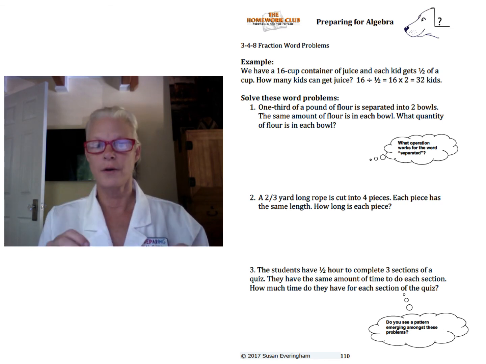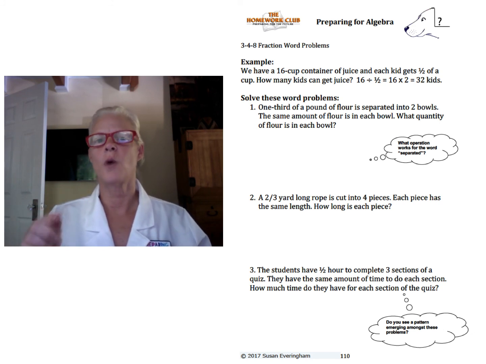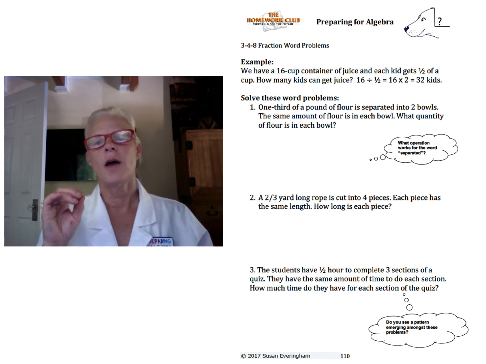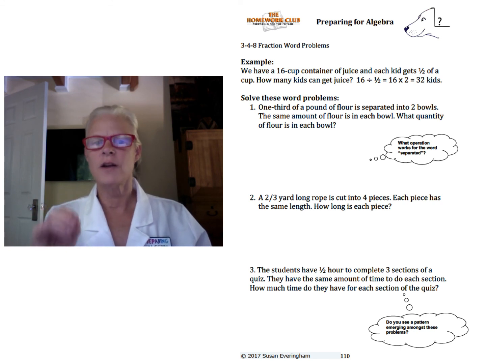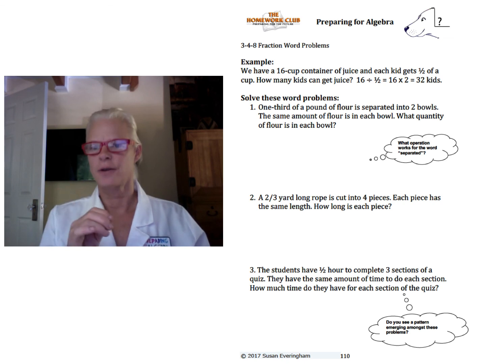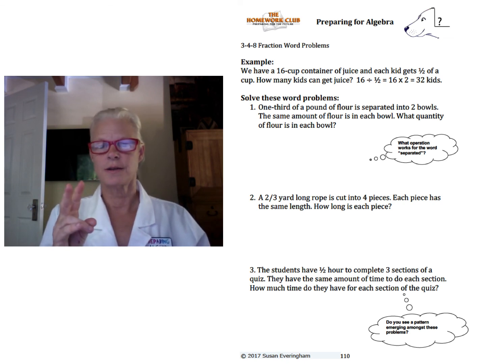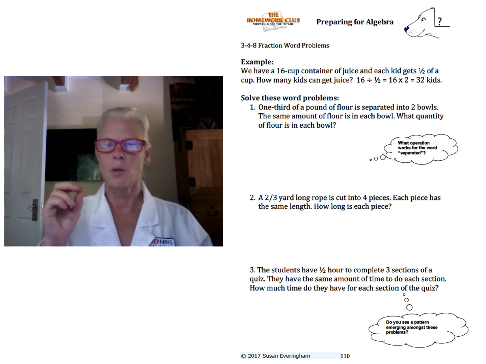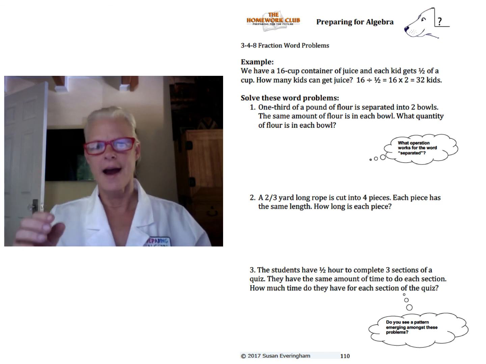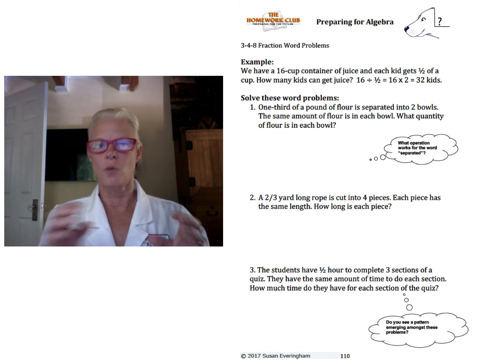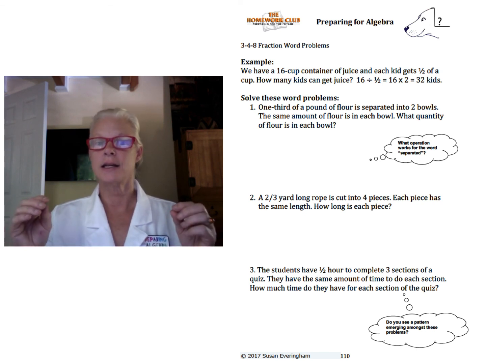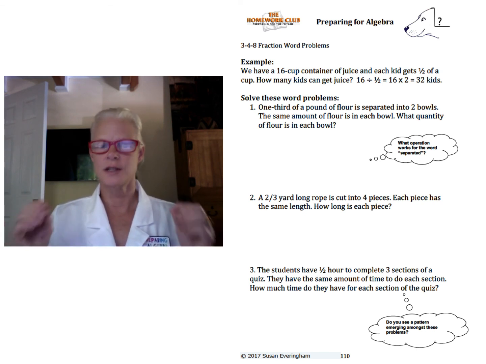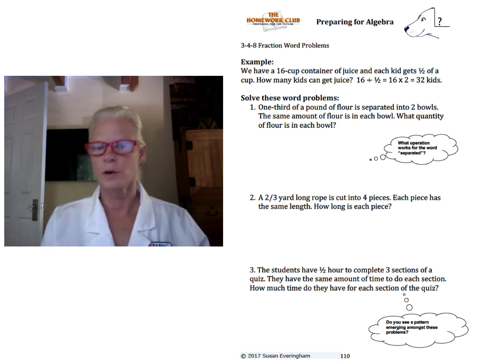We got 1/3 times 1/2, giving you 1/6. So the quantity of flour in each bowl is basically a half of a third, right? Because there's 2 bowls. So 2 bowls become 1/2. You got 1/6 of flour in each bowl. 1/6 plus 1/6 is 2/6, which is equal to 1/3. So it works out perfectly.